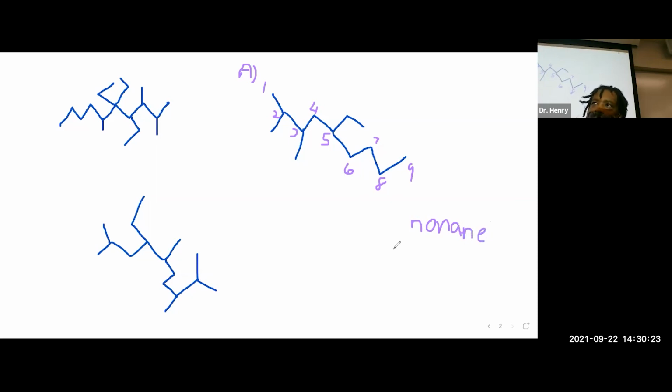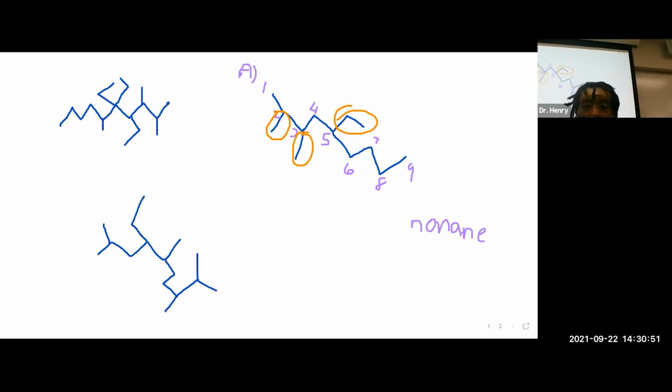And then what's on my side chains? I circled those in orange. So this guy on 2, and this guy on 3, and this guy on 5. So what are they?